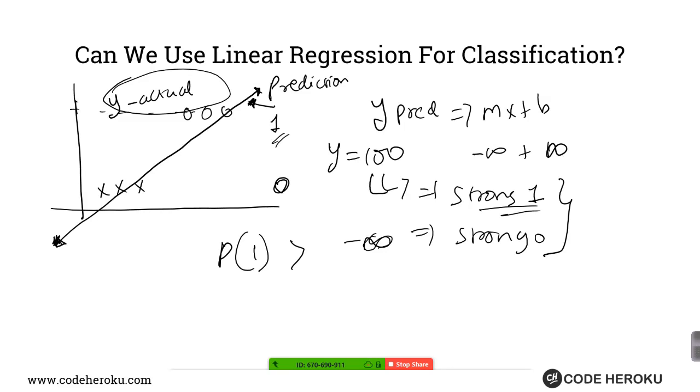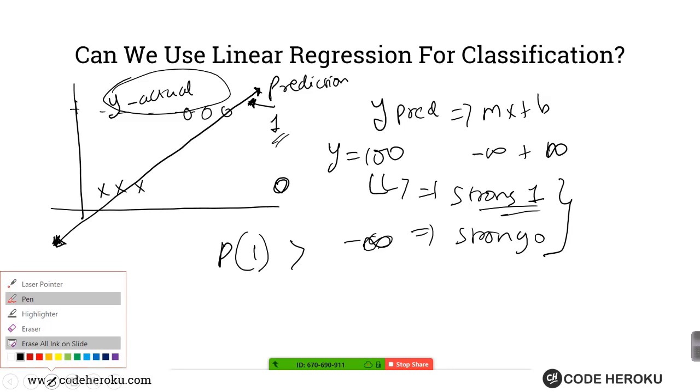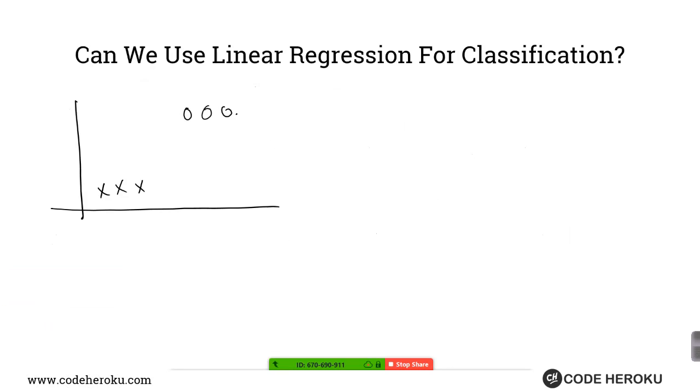So that is not the case with linear regression. How do you interpret this scale of minus infinity to infinity, whereas you are trying to see whether it is in class 1 or class 0?